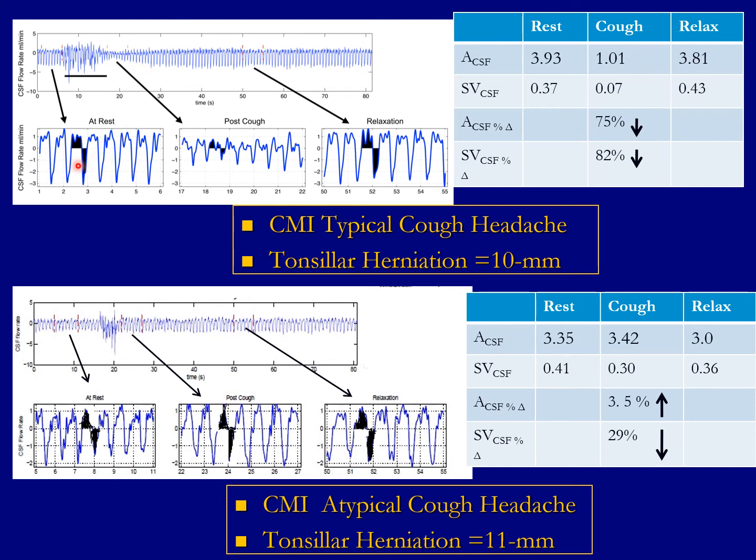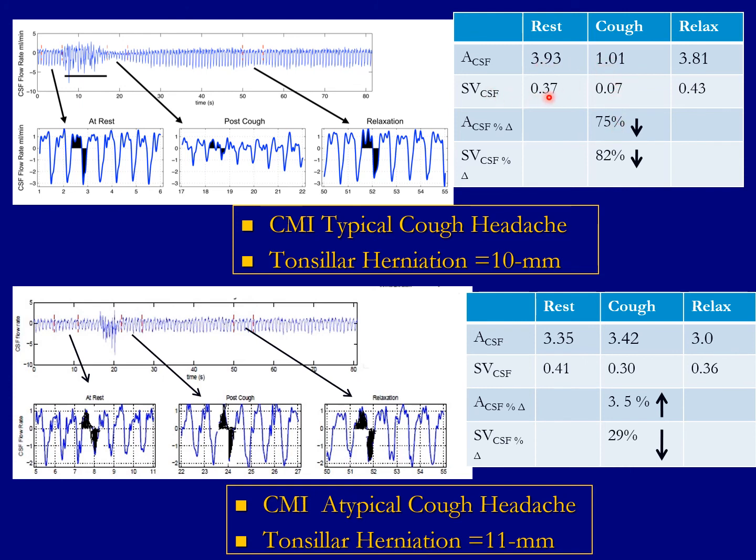Now we can measure that, enlarge it. You can measure the height of the waveform, and you can also shade the area under the waveform, and you can measure those to give a number to it. And as you can see here, this is the height of the waveform before, in the resting, and after coughing. It decreased by almost 75%.